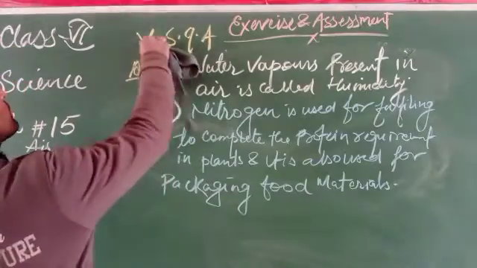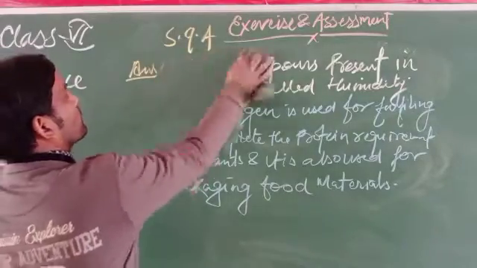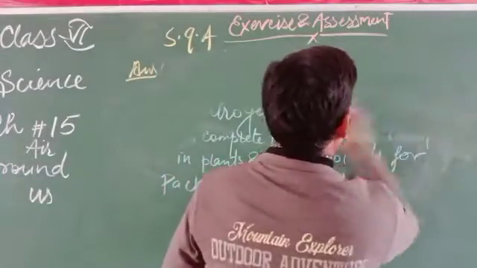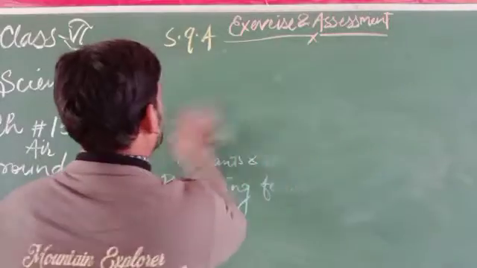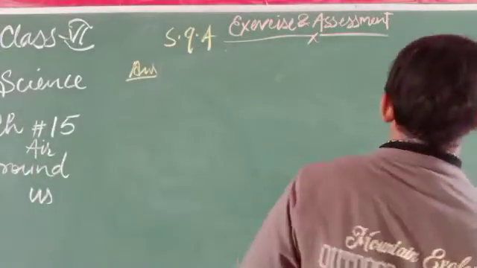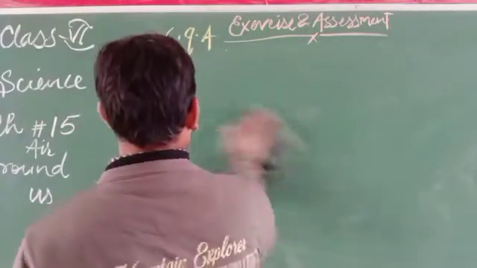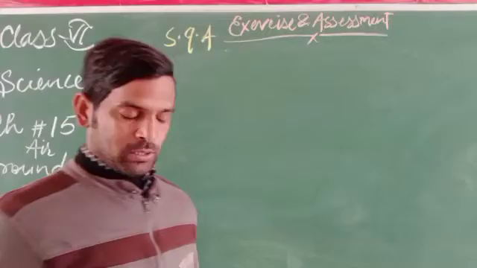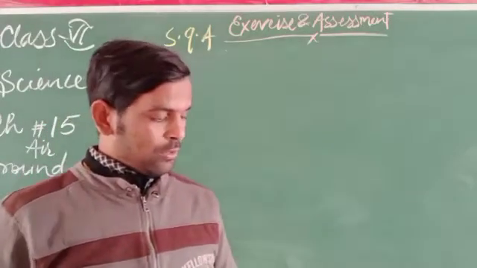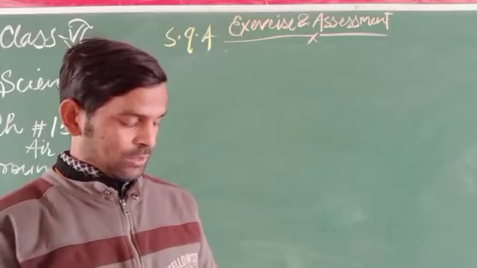Now we start the short question answers. Next is short question answer 1. In this question: why do earthworms come out of the soil during the rainy season?